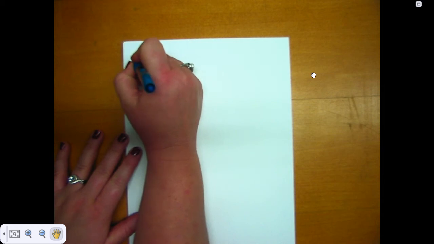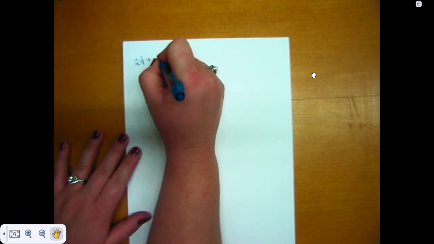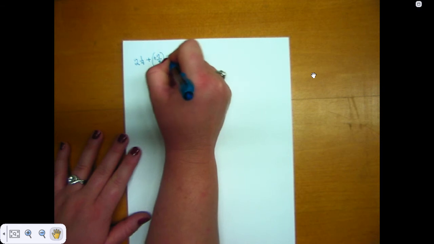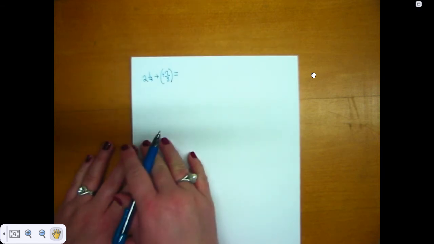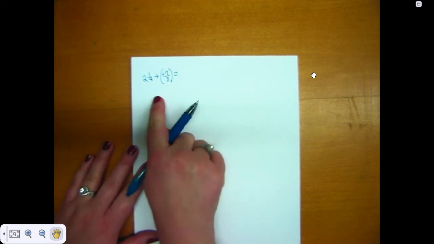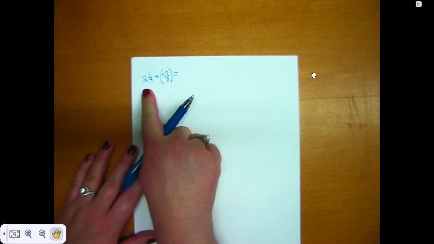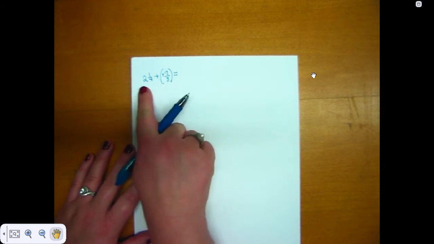So let's say we have 2 1/4 plus 7/8. And we know that that is positive 7/8. 2 1/4 plus 7/8. Now, the first thing I see here is that I have a whole number, and that makes a mixed fraction. And I know for my rules, I always check my common denominators, but we have a mixed fraction here.